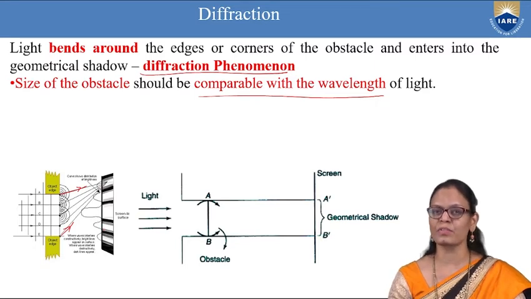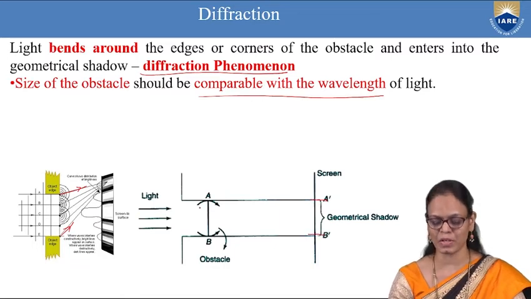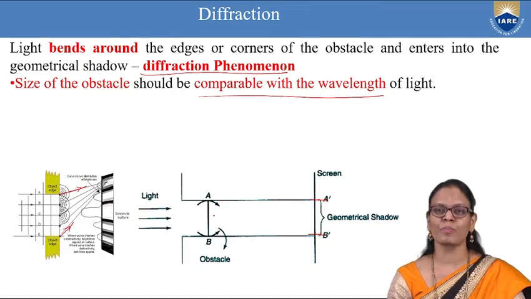So what we are trying to understand here is, if you imagine that this is the light that is coming and there is an obstacle here. So there should not be any light seen here because this is the obstacle. Okay, if you imagine light travels in the form of particles, wherever you have the particles striking the screen, you will see the image.